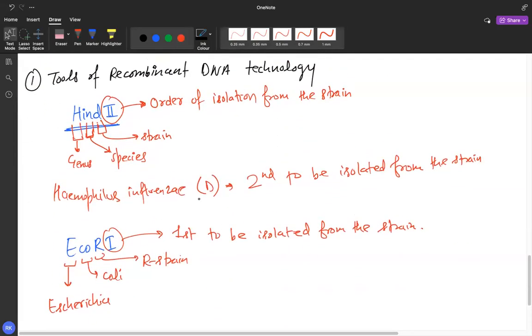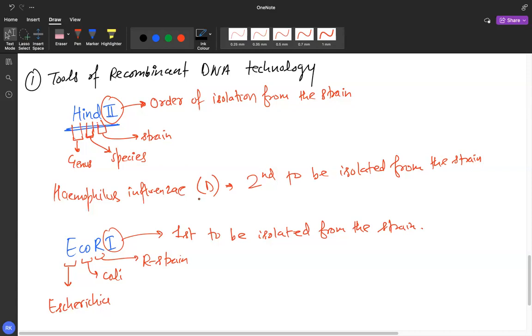Then I talked about how these endonucleases are named. We took two examples, HindII and EcoRI. In the name, the first letter is the genus of the bacteria from which these nucleases come. So H is for Haemophilus, and the next two small letters, in, talk about the species, influenzae, and the last letter is the strain.